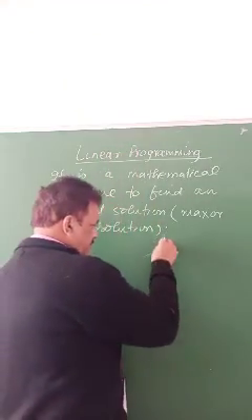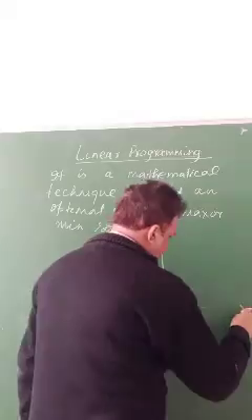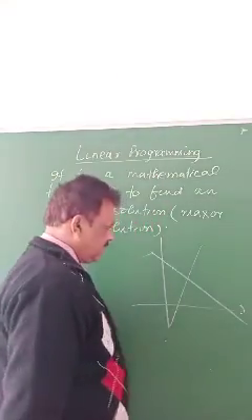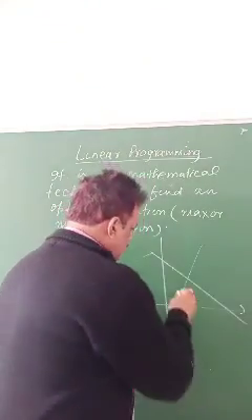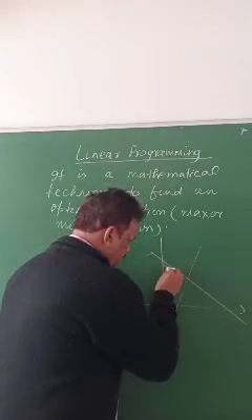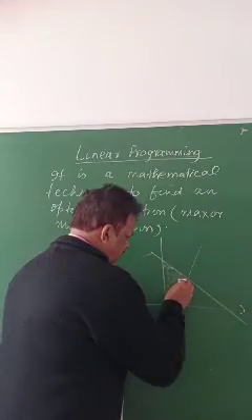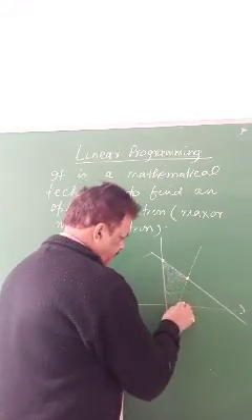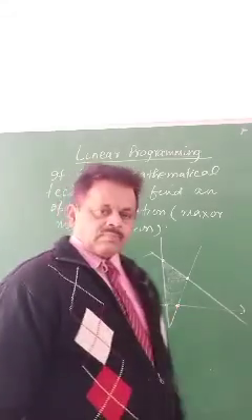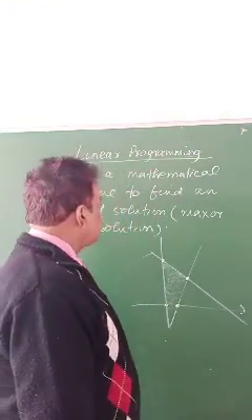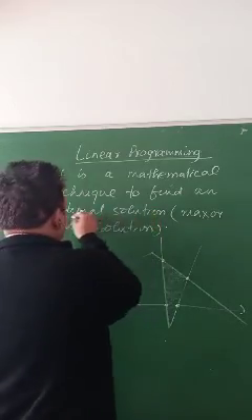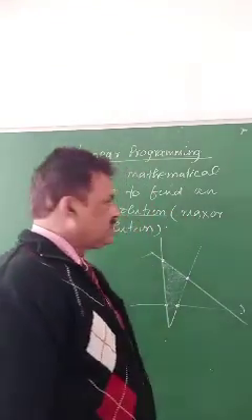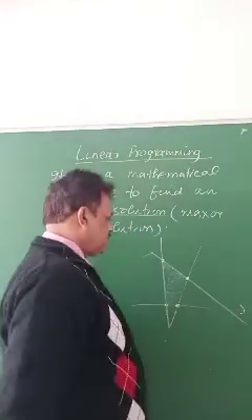Actually, it is a graphical method. Look here. Suppose we have two lines like this, and you found a common region here. This region has corner points. This helps us to find the optimal solution, that is maximum or minimum solution. So different terms are used in this.